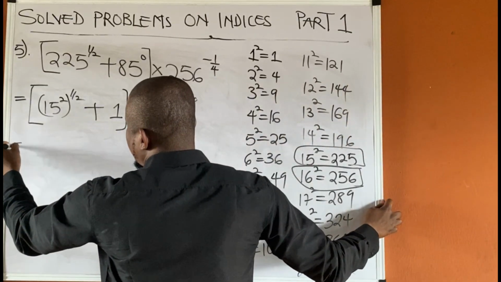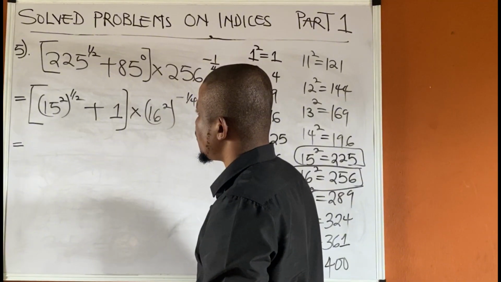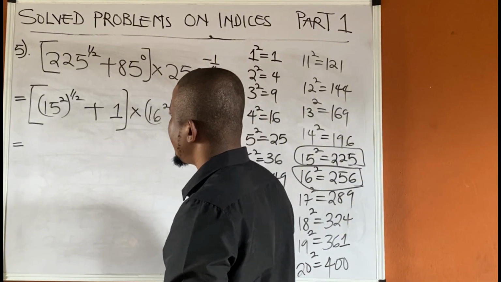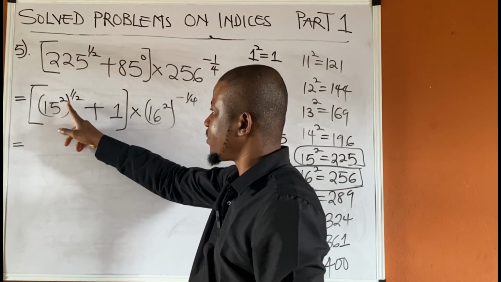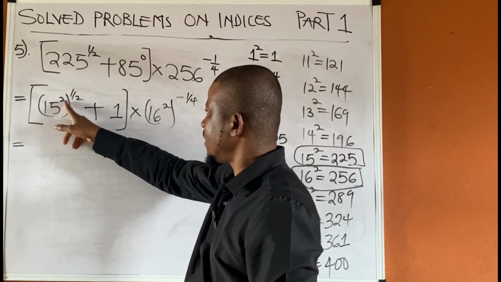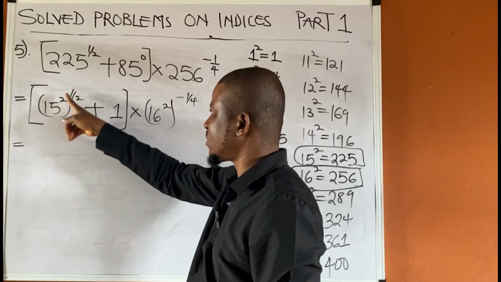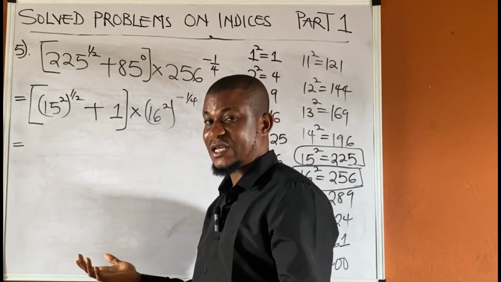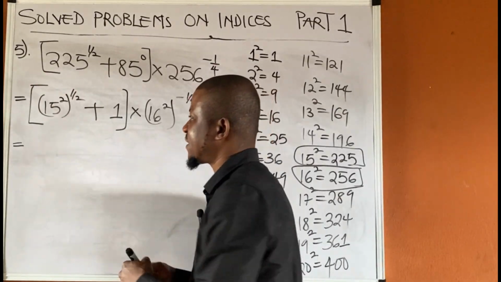All right, let's continue solving this problem. From the power law of indices, this will multiply this, right? Because this is to a given index, now all to another index. So the powers multiply. 2 times 1 over 2, 2 times half is definitely 1. So this is just 15 to the power 1, which is 15.